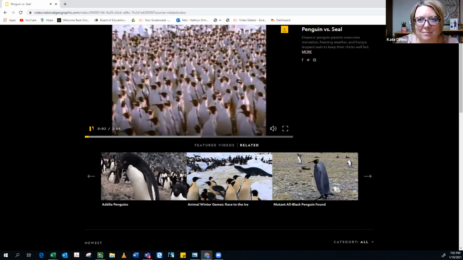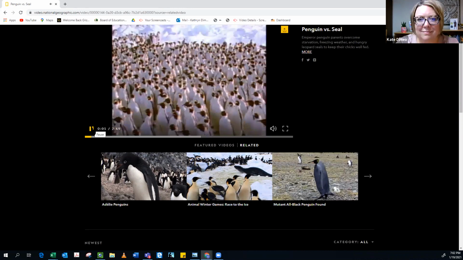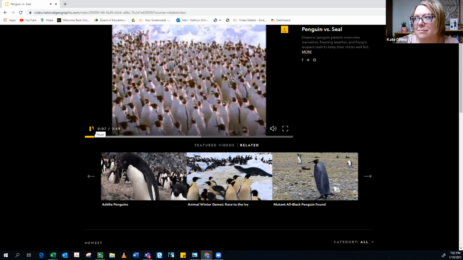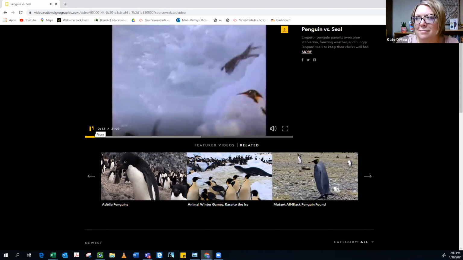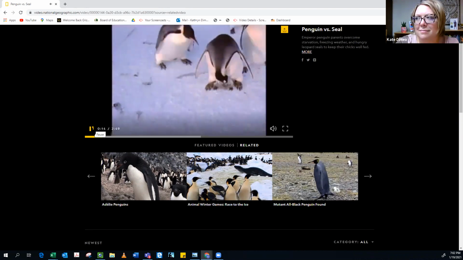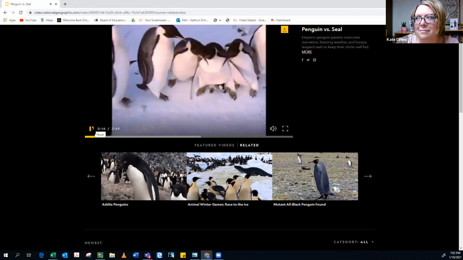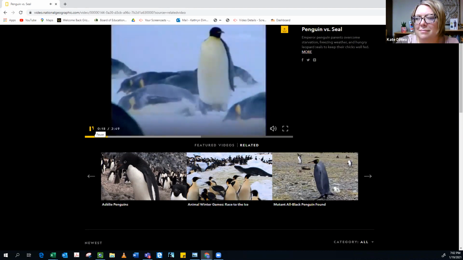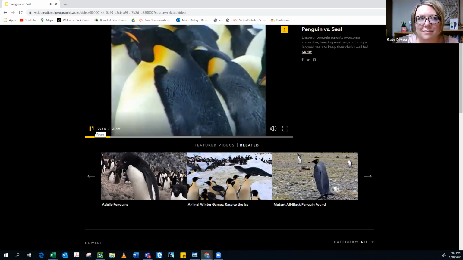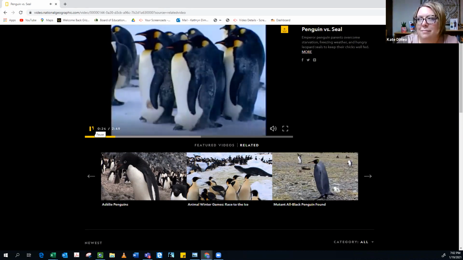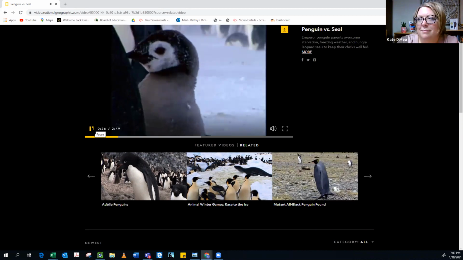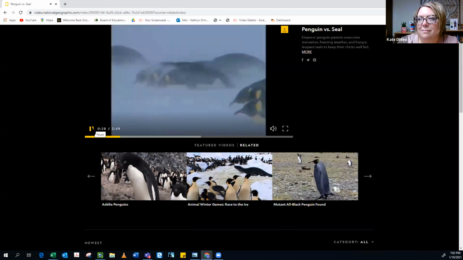These tuxedoed waddlers are emperor penguins. You may not know it, but these semi-aquatic birds are some of the most dedicated parents in the animal kingdom. I mean, would you be willing to do what they do? Spend 65 days huddled here in this penguin pack in temperatures that can drop to 112 degrees below zero with winds of 50 miles an hour?